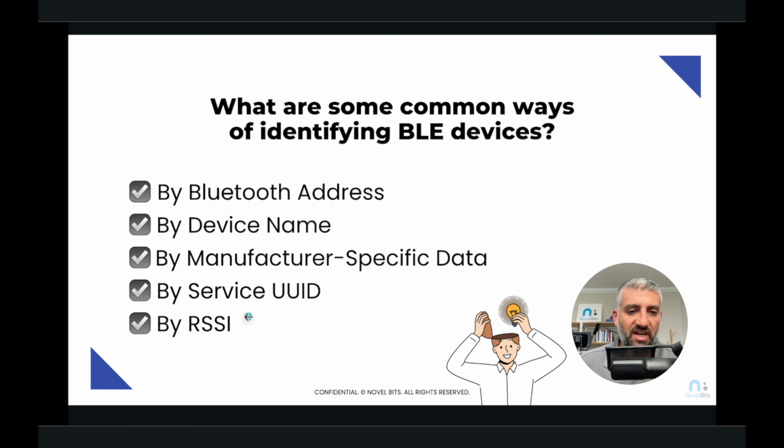And finally, RSSI. This is not necessarily for identifying, but you could use it to filter out unwanted devices. For example, if you have a Bluetooth low energy device and you ask the user to press a button to include some data in the advertising packet, or even start advertising, and then tell them to bring it closer to your mobile phone running your app, then you can infer from the RSSI the devices you're interested in.